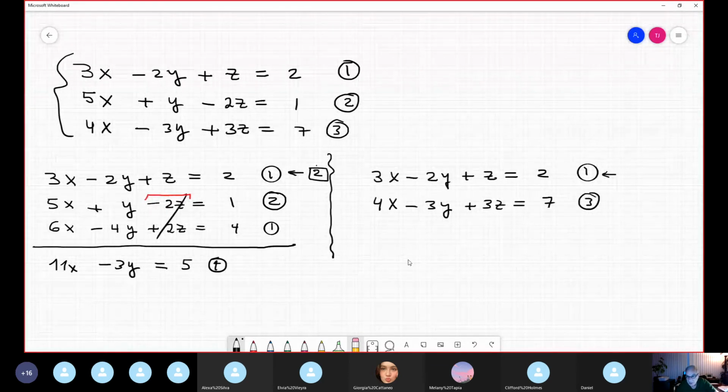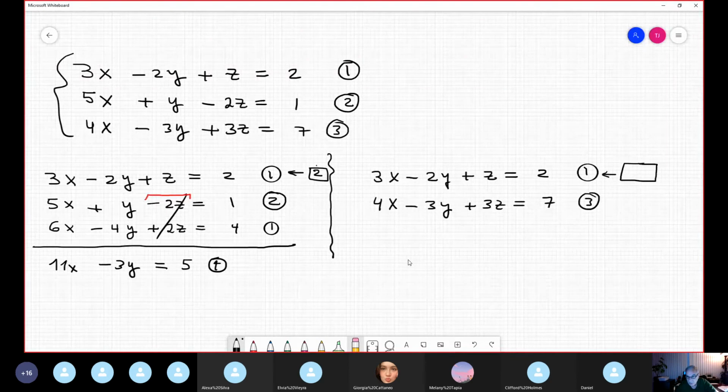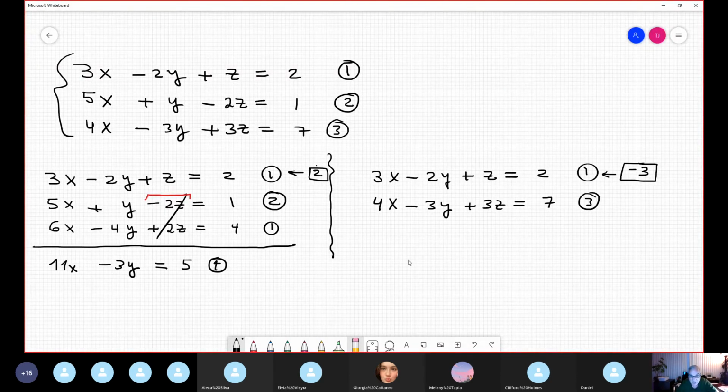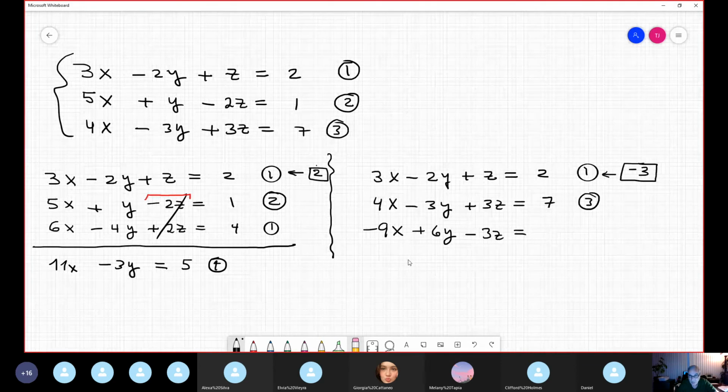By -3, it's the magic factor, -3. Because when you multiply, you get -9x, -3 times -2 is +6y, and -3 times +1 is -3z, equal -3 times 2 is -6. And this is my new equation 1 after the multiplication.